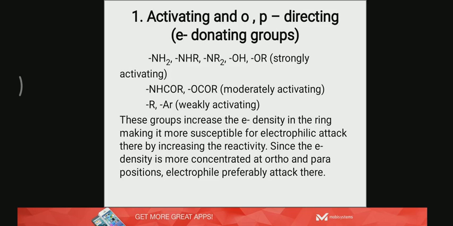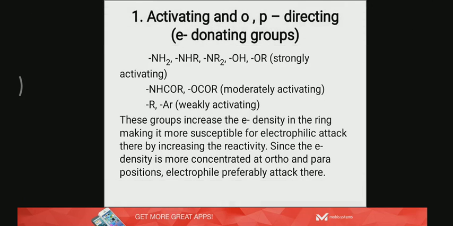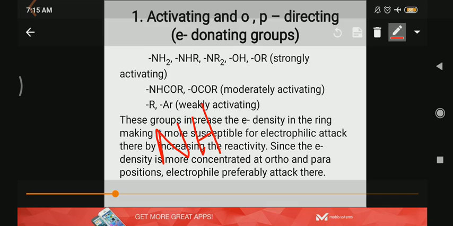And the second category, that is the second type, moderately activating groups. For example, this NHCOR, that is amide linkage, why is it moderately activating? You can easily understand. See, nitrogen is having a lone pair, right?